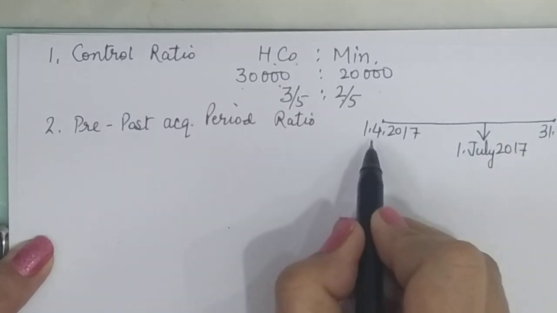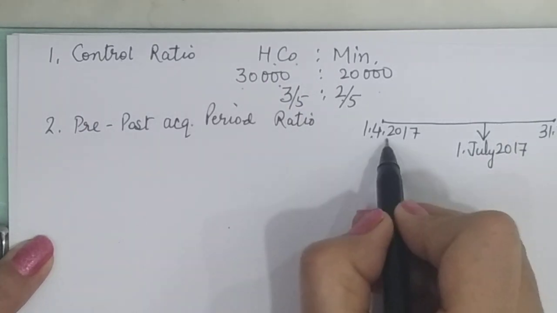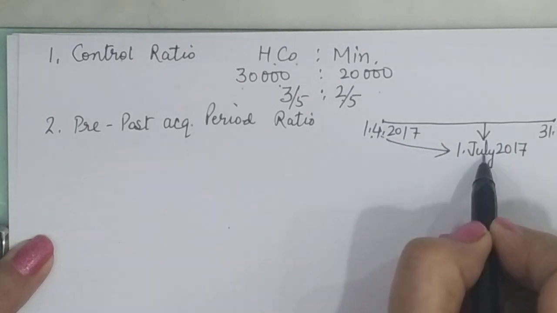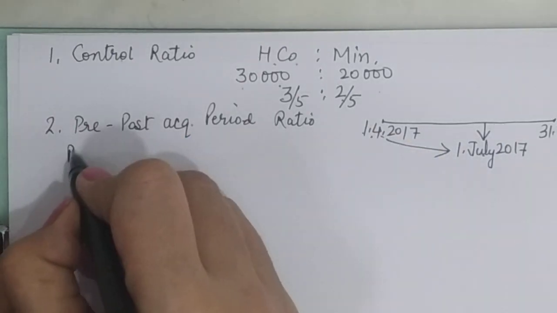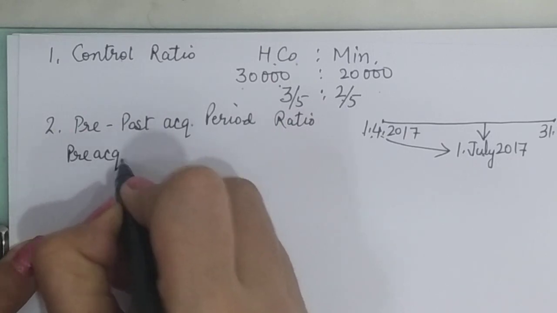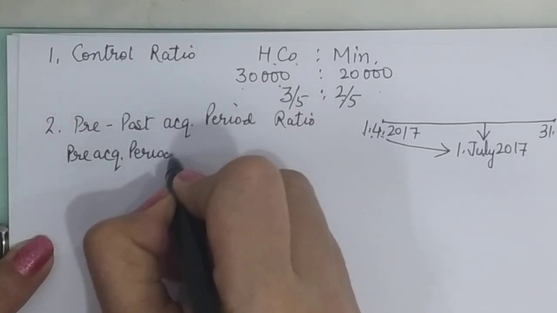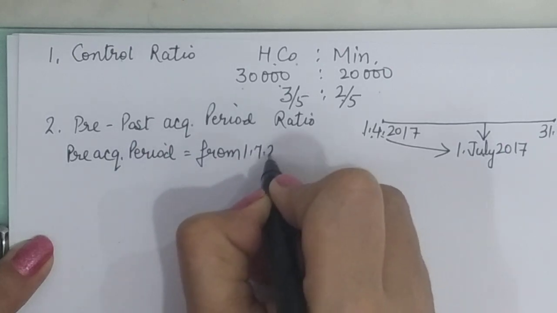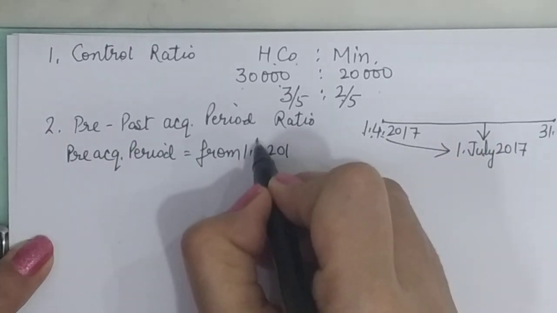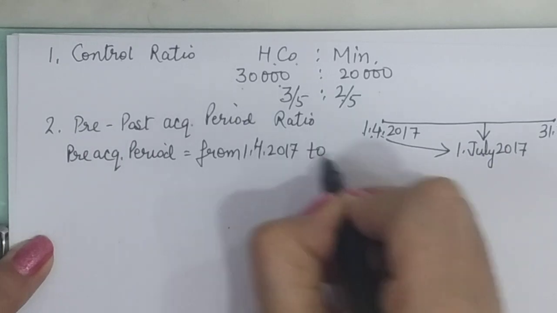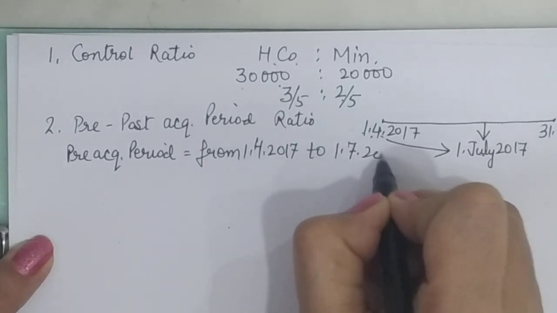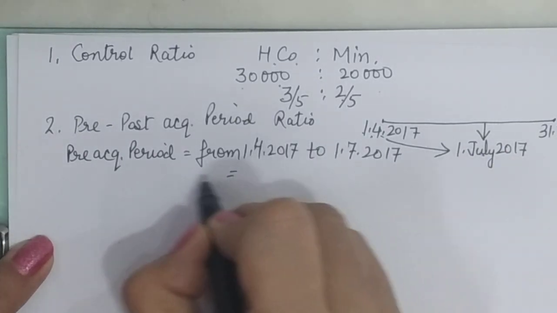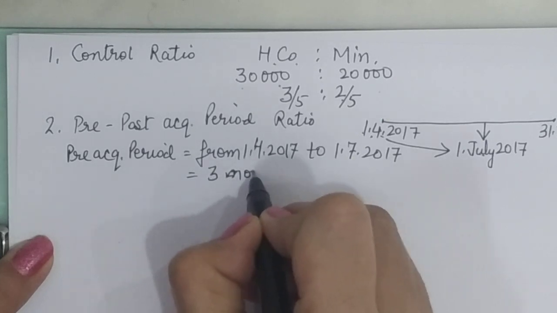So the period starting from 1/4/2017 ending on 1st July is the pre-acquisition period. So we can say the pre-acquisition period starts on 1st April 2017 and ends on 1st July 2017. That is 3 months.